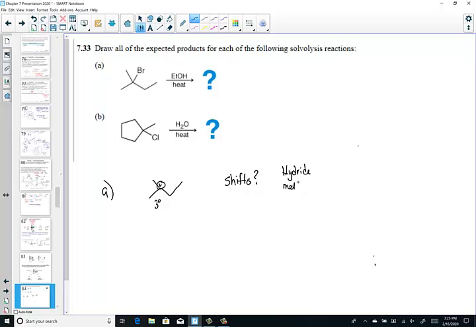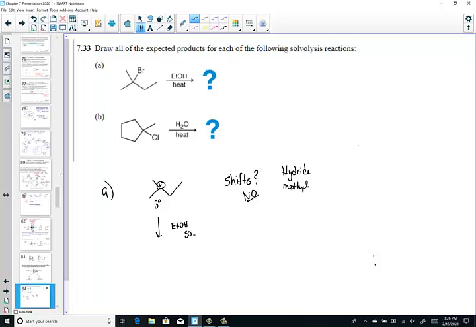So we had 2 instances where we considered a hydride or a methyl shift. But I don't see that needed here because I formed a tertiary carbocation. So the answer is no. The carbocation is stabilized. There will be no shifting of the positive charge to a nearby hydrogen or methyl group. Then on the arrow, I see EtOH.